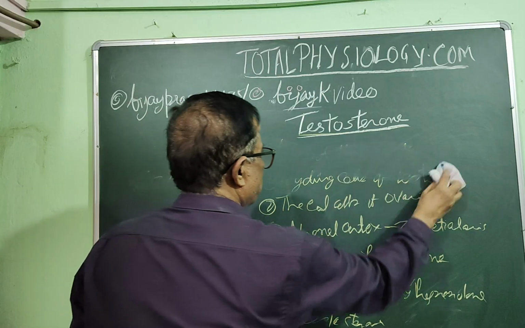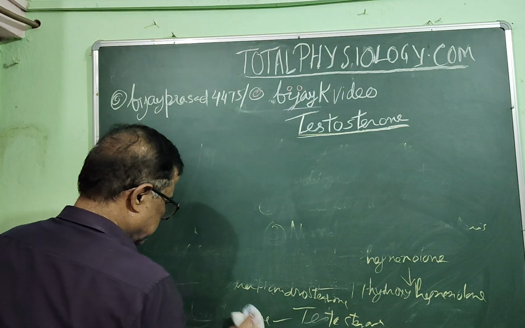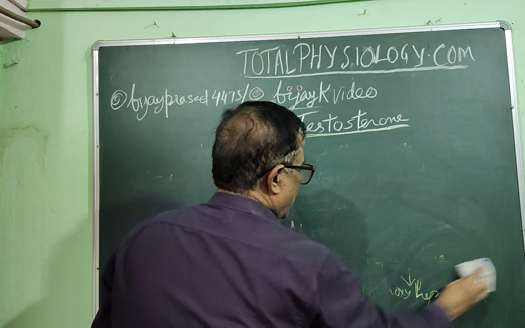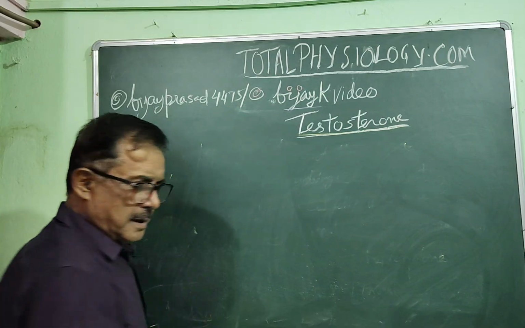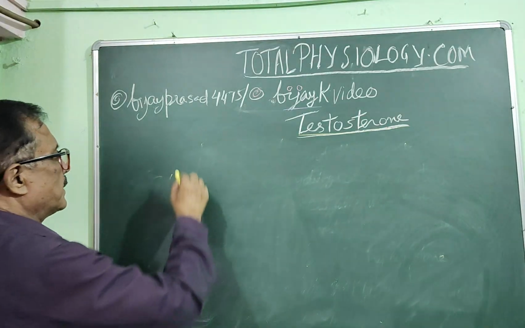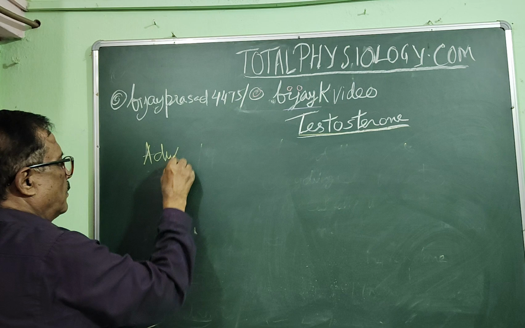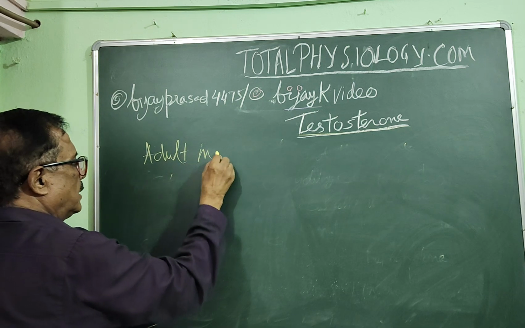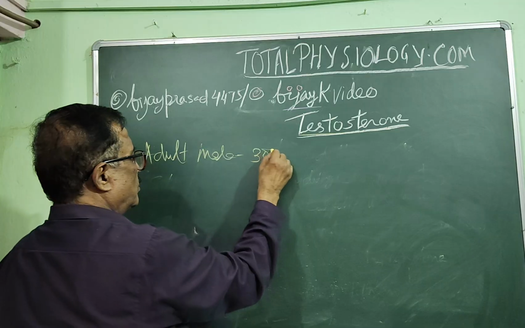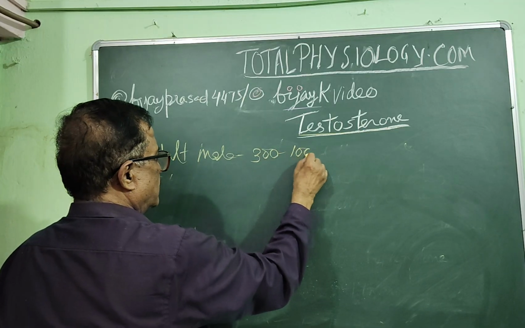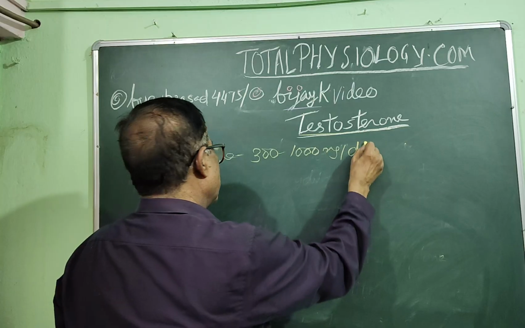Now the level of testosterone. In adult males, it is 300 to 1000 nanogram per deciliter.